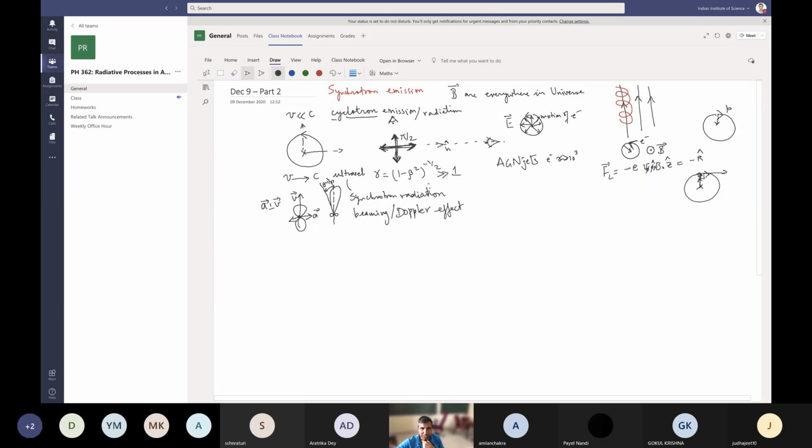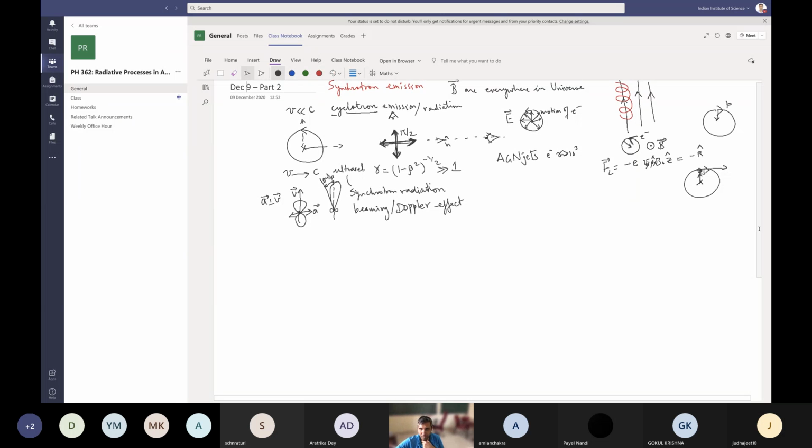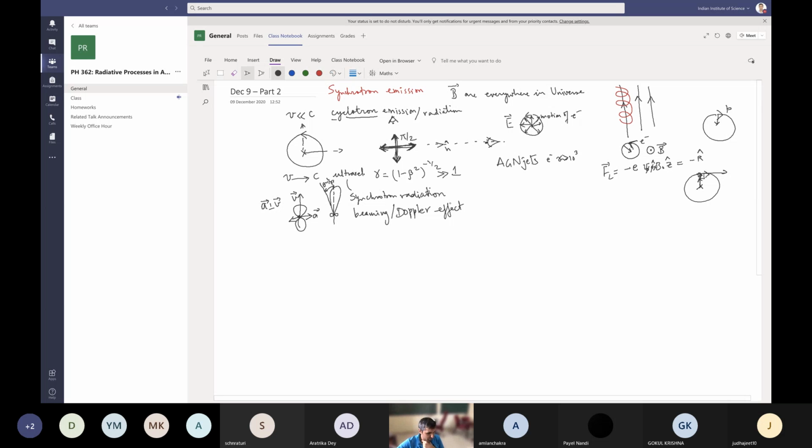Okay, let's get started with equations now. What is the equation of motion of a charge q in the presence of a magnetic field? We'll do the relativistic case. d/dt of gamma m v, the rate of change of momentum, has this gamma factor, which is very important, because as you approach the speed of light your mass becomes heavier.